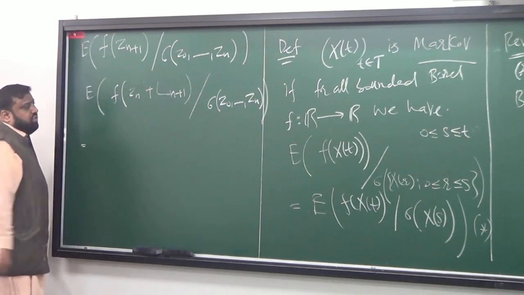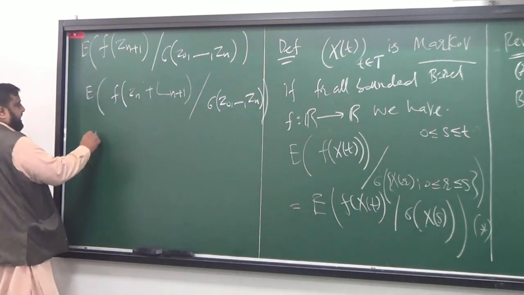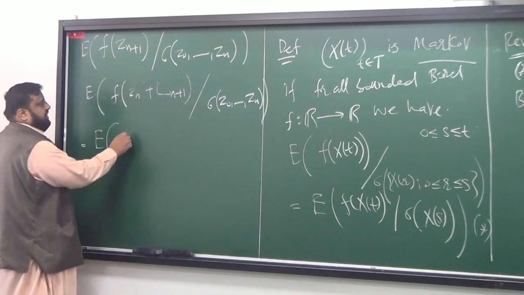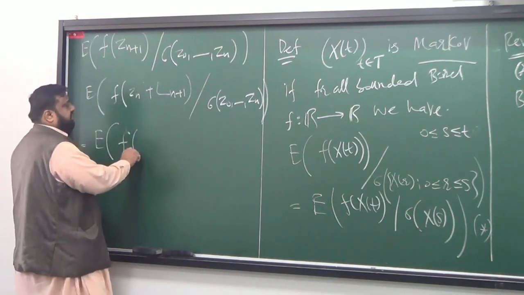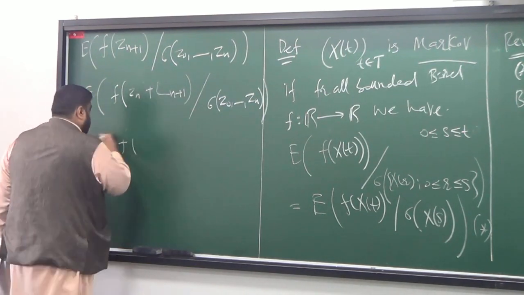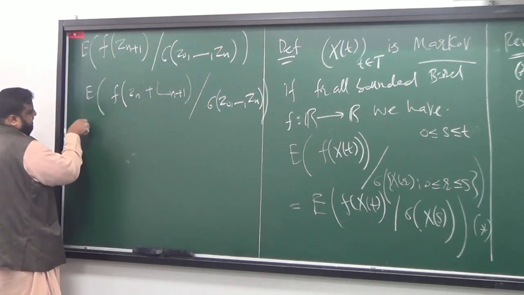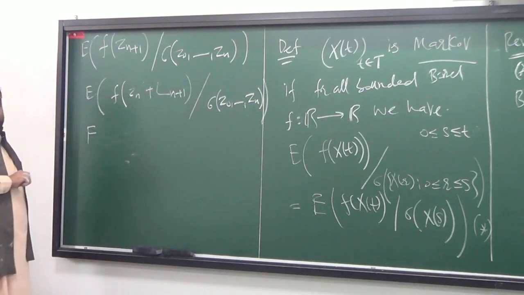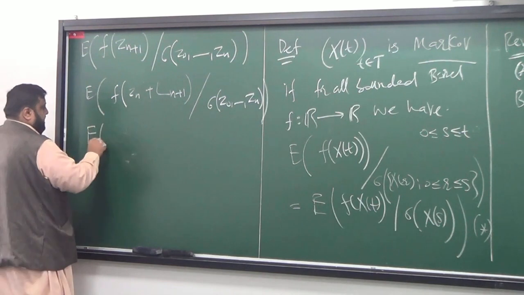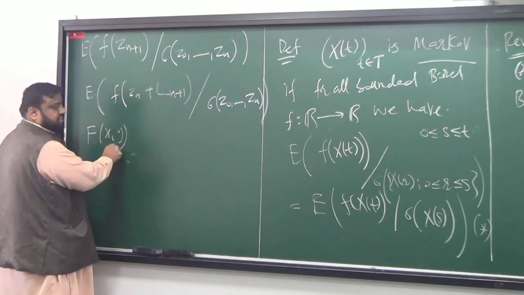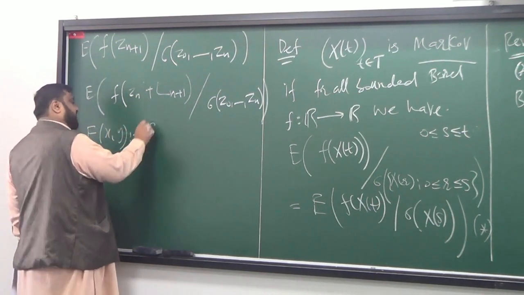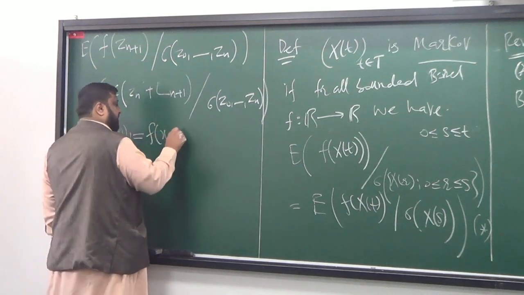So I can also treat this as the expectation of f of, let me define a function, for example, capital F. So it's F of x, y, and I'm defining it to be the sum of x plus y.